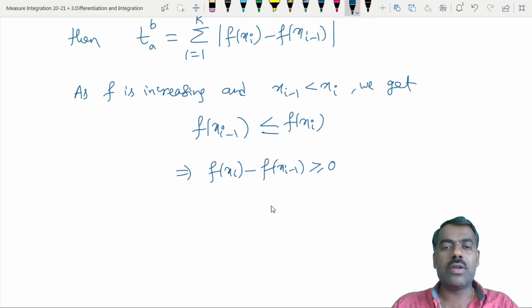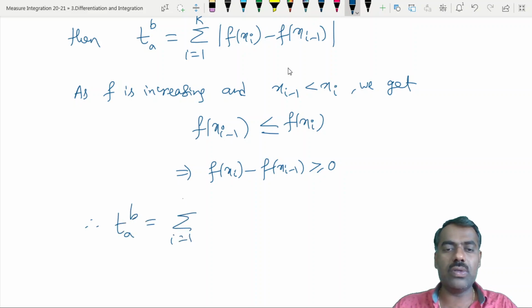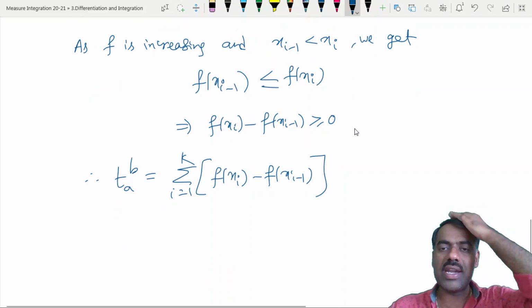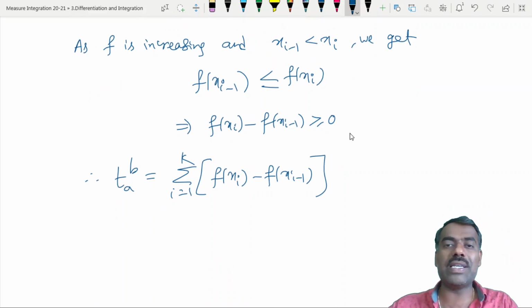Now because it is greater than or equal to 0, this absolute value is same as the difference. Therefore, our T a b is nothing but the summation i equal to 1 to k. Instead of the absolute value, what we have here is simply f of xi minus f of xi minus 1, because those values are all non-negative, so the absolute value is same as itself.